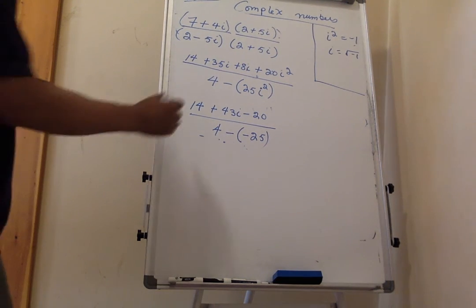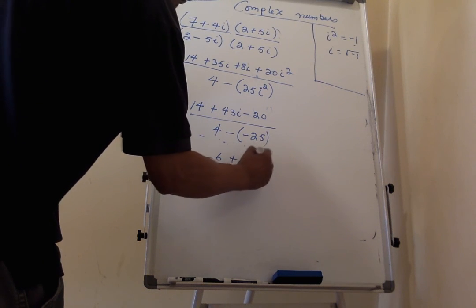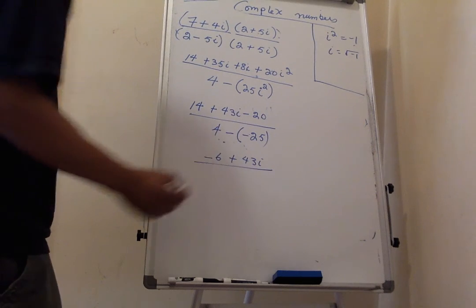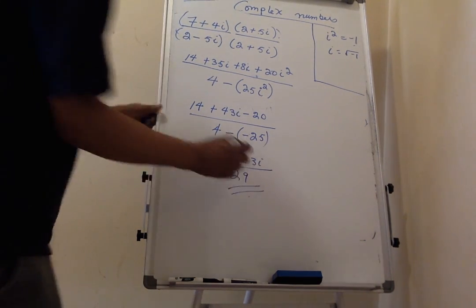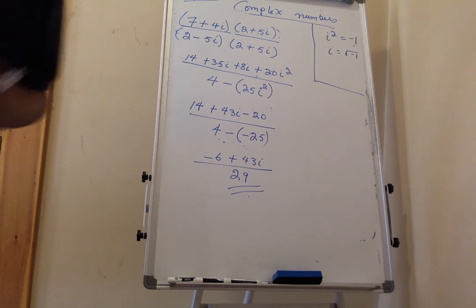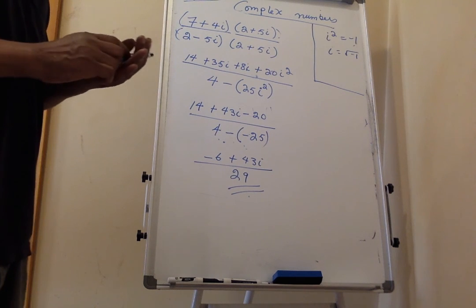We're almost done. 14 minus 20 is negative 6, plus 43i, over 4 minus negative 25 is 4 plus 25, which is 29. We're done. I think that takes care of the complex equations.